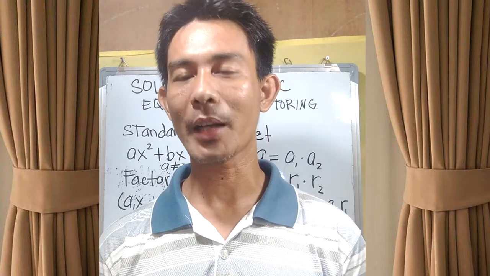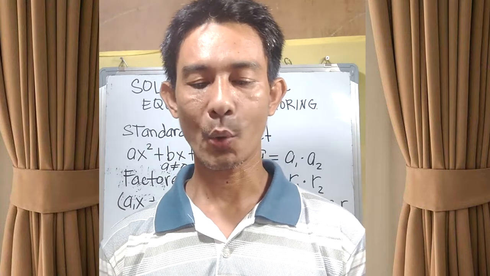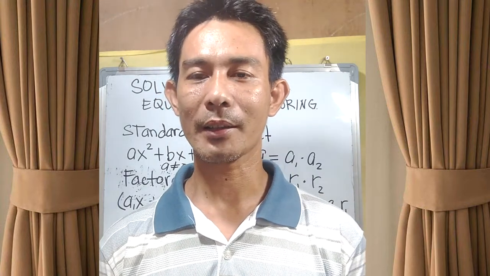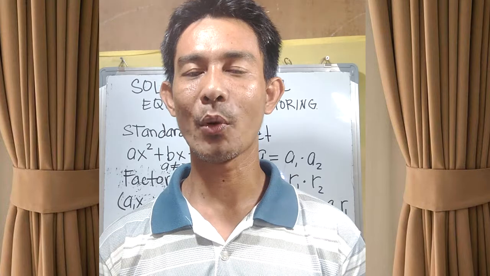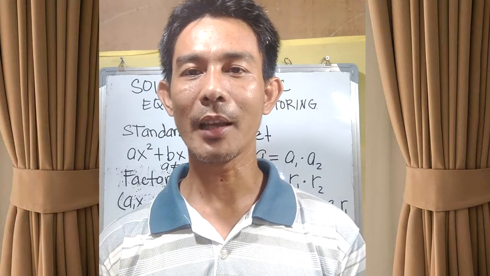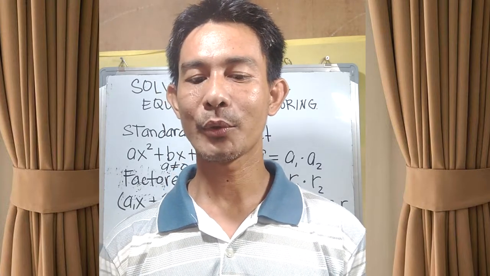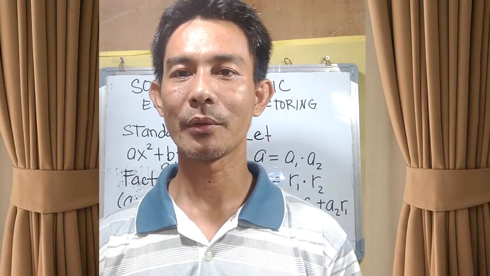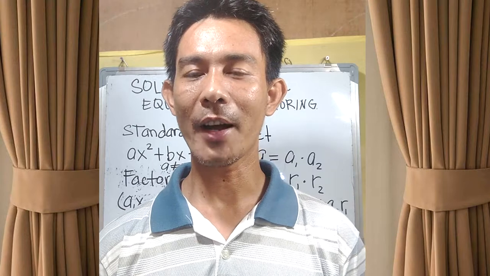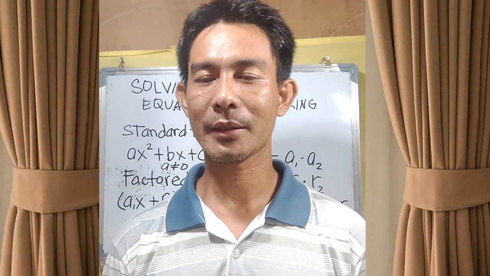Then step 4, express the equation as product of two binomials. So that is quantity a sub 1 x plus r sub 1 times quantity a sub 2 x plus r sub 2 equals 0. Then step 5, apply zero product property. Then step 6, solve for x.